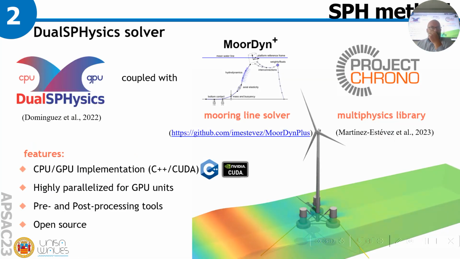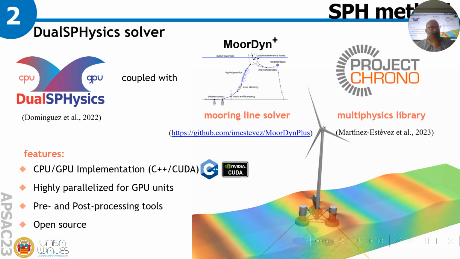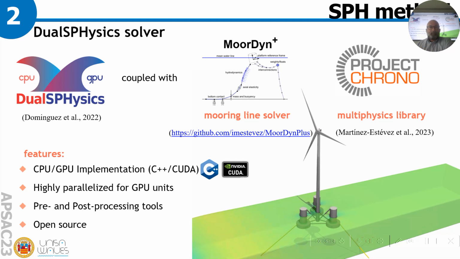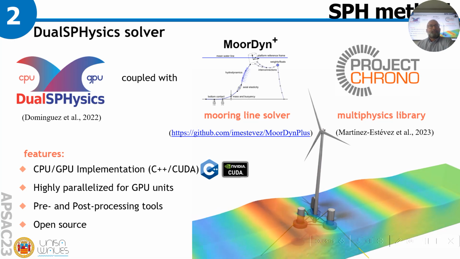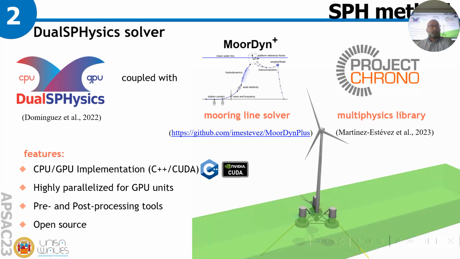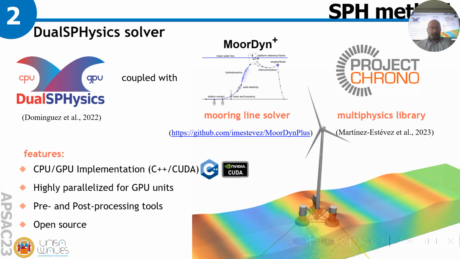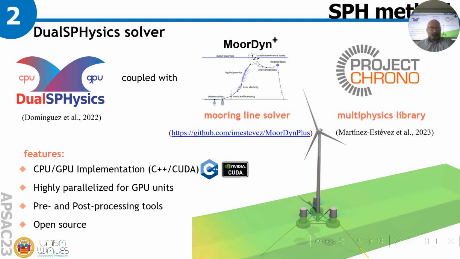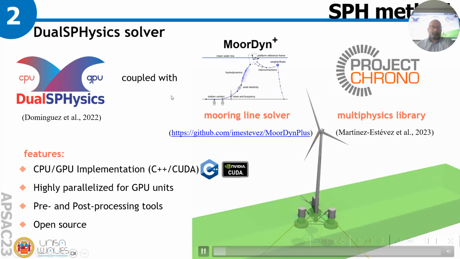We use DualSPHysics, an open source solver. And my group is mainly involved in renewable energy applications, such as the one depicted in the movie, which is a floatable platform with a wind turbine.